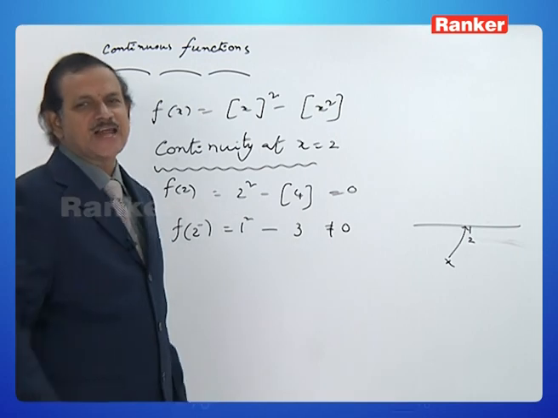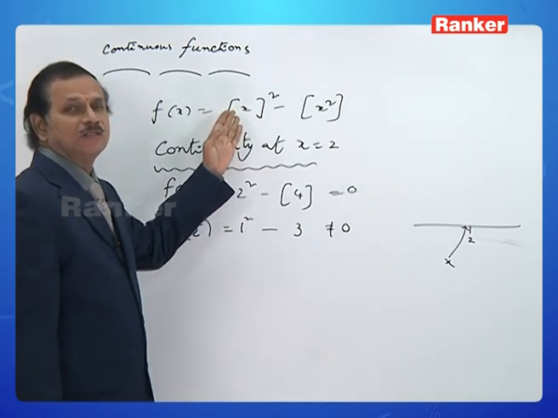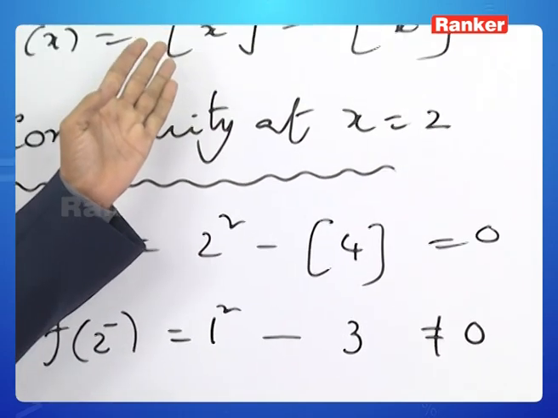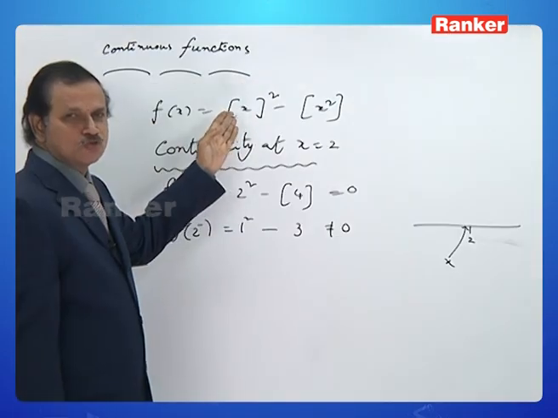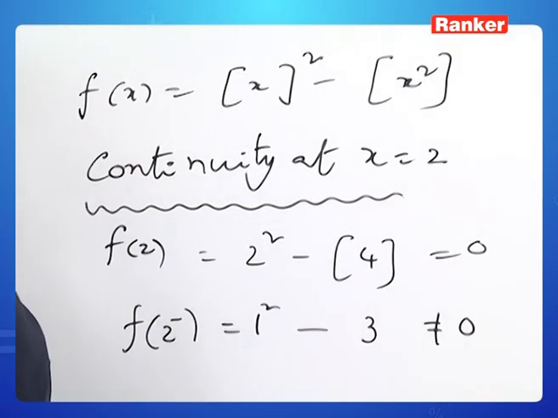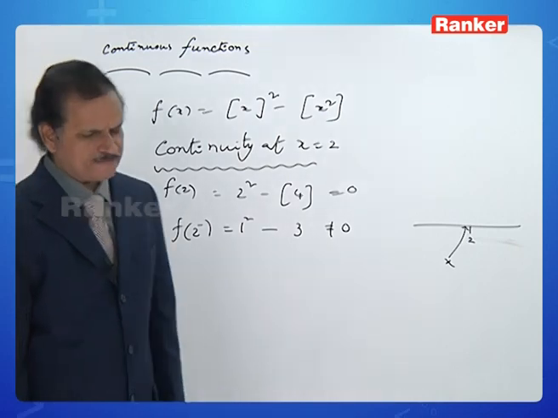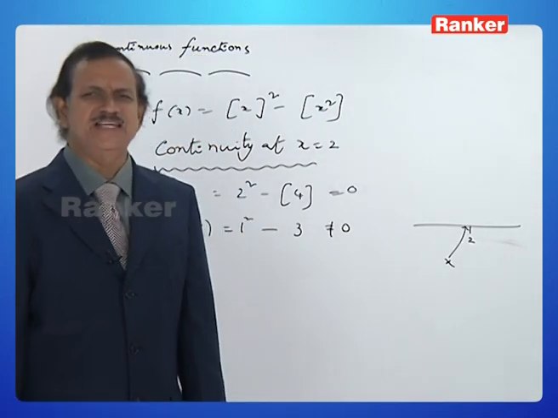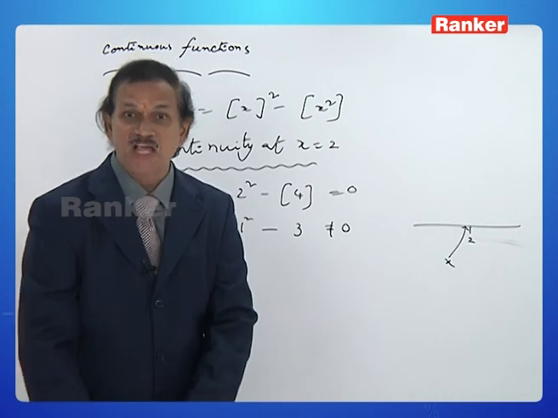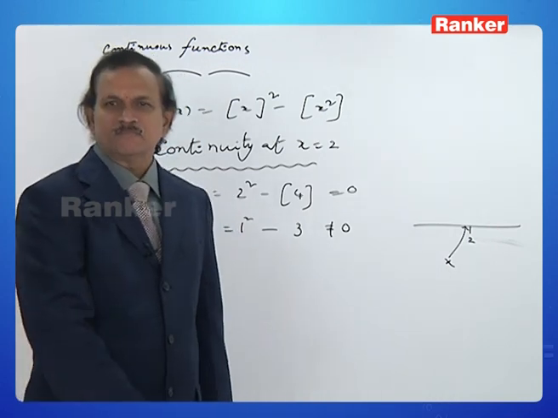Even if you consider x is equal to 3, the left hand limit is 3 minus something whole square, that is 2 point something square, which is 8 point something, and so on. Then also it is not 0. So for 4, for 5, for any integer n, the same thing happens.